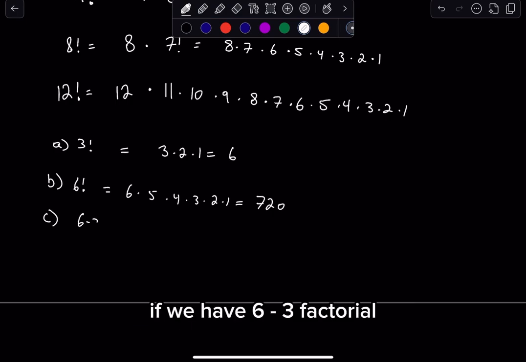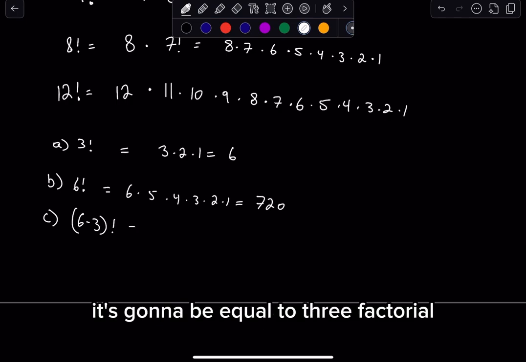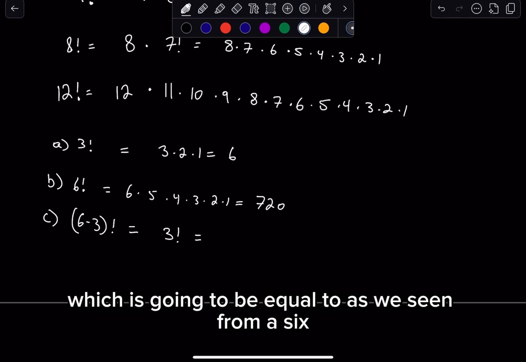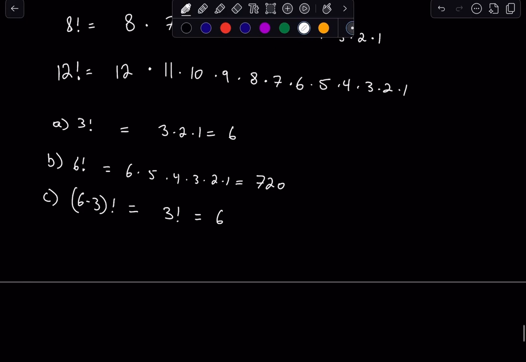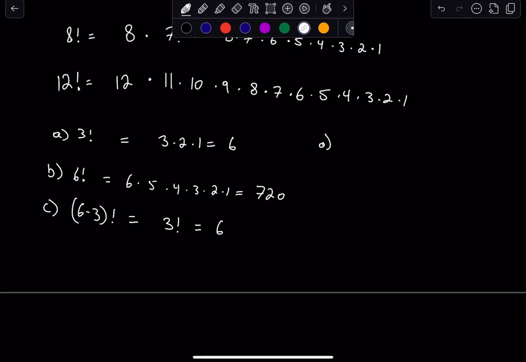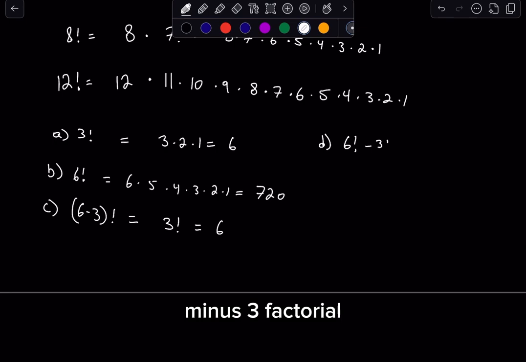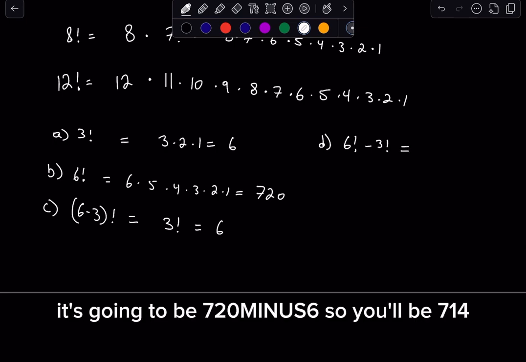If we have 6 minus 3 factorial, it's going to be equal to 3 factorial, which is going to be equal to, as we've seen from A, 6. If we have 6 factorial minus 3 factorial, it's going to be 720 minus 6, so it would be 714.